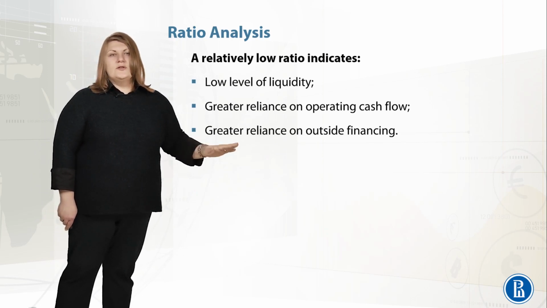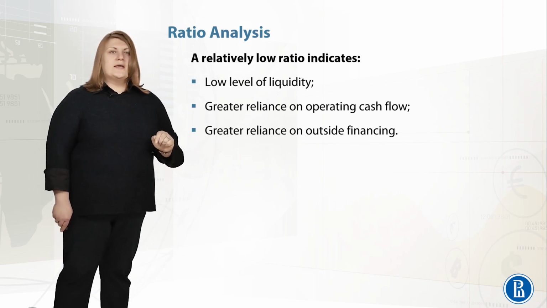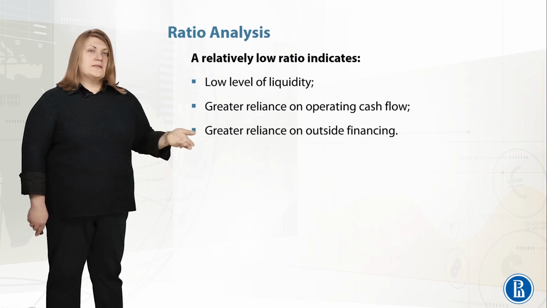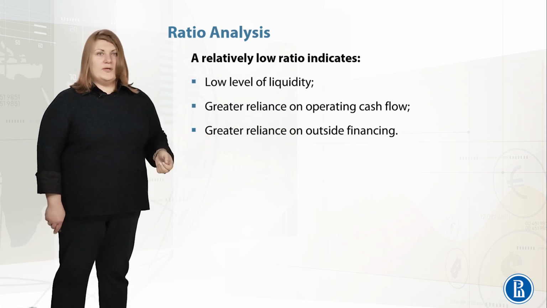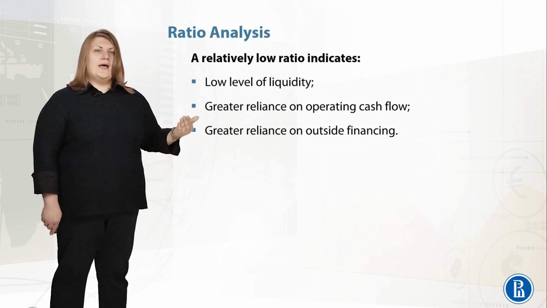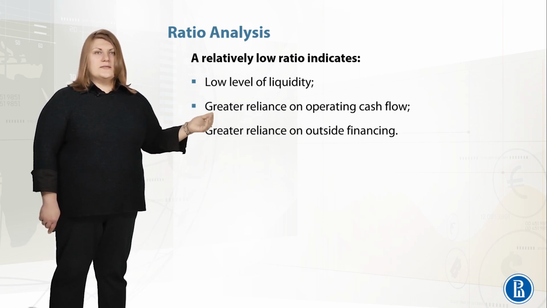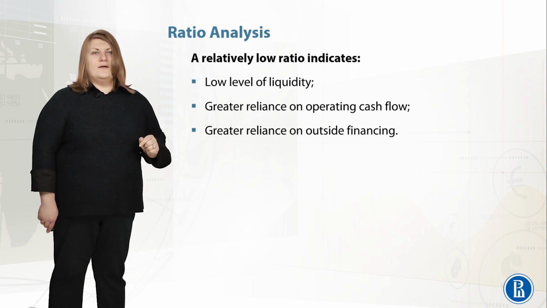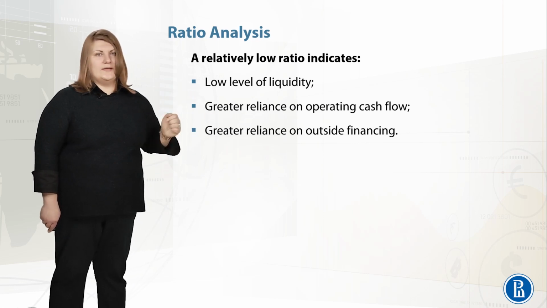A relatively low ratio will indicate that in this company the level of liquidity is quite low, which means that the company has more assets which are not that liquid.